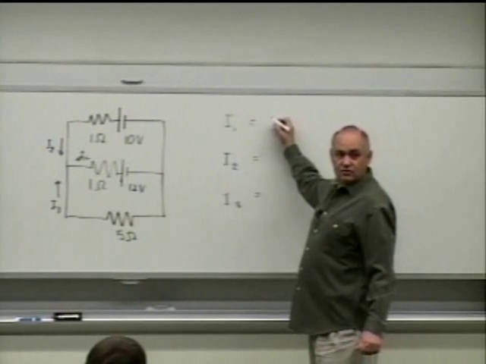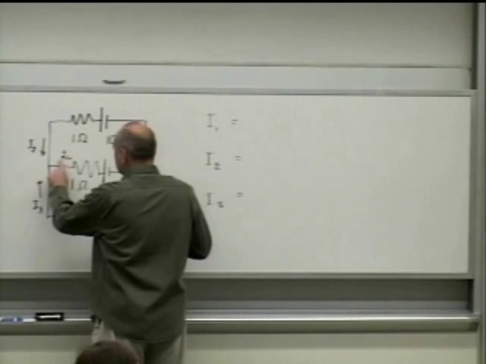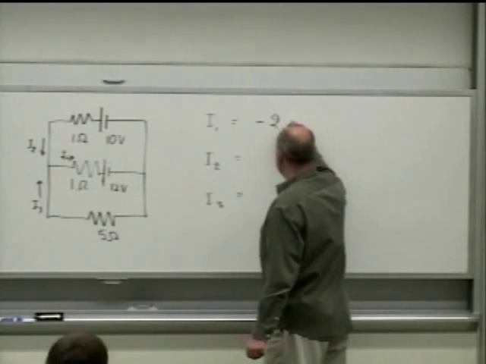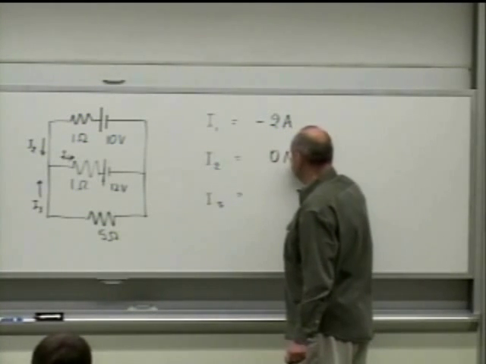I1 was -2. Then it means that it was marked a different way. All right, so -2 amperes. I2 was 0 amperes.